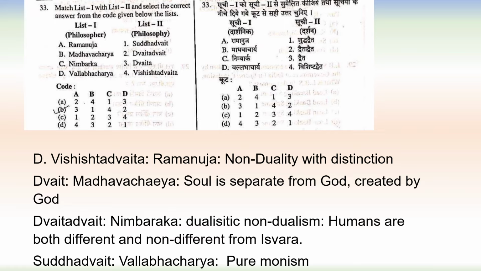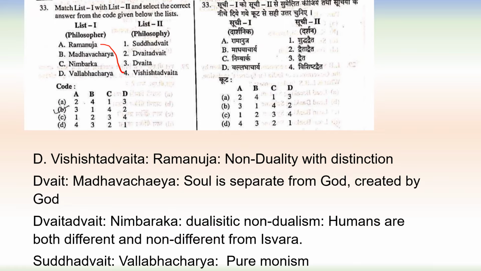List 1, list 2, we have to match. List 1 contains the philosopher names and list 2 contains the philosophies. Ramanuja, his philosophy was Visishtadvaita.